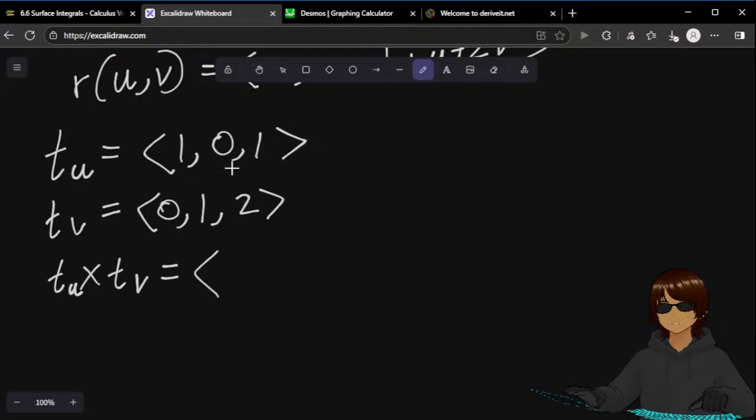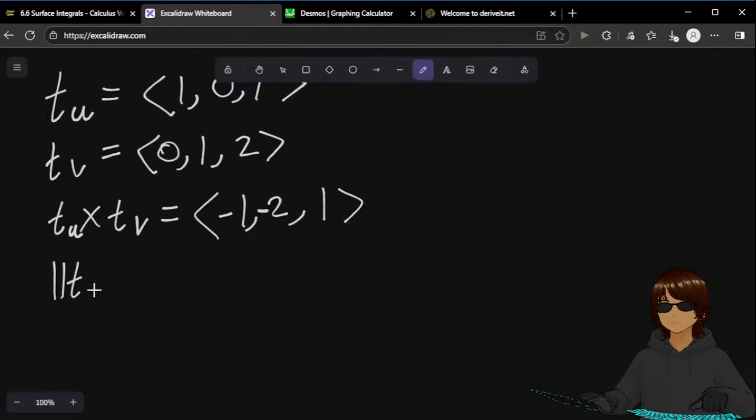So for i, these two minus these two. For j, these two minus these two. Oh wait, for j, it's this times this minus this times this, and we multiply the whole thing with minus. For k, it's this times this minus this times this. Yeah.